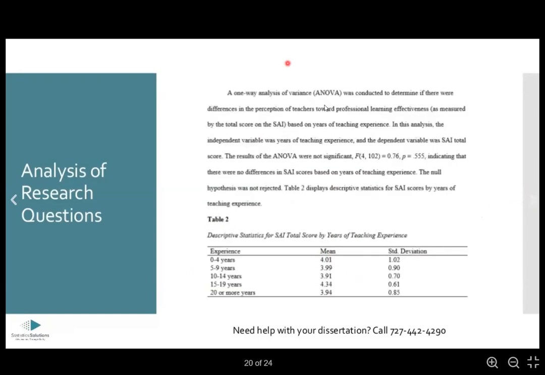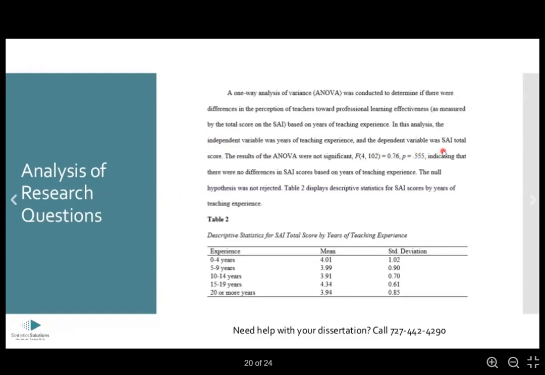This is an example of a one-way ANOVA. In the one-way ANOVA, we're looking at multiple groups. In this case, they were looking at the SAI score based on years of experience. So here, our independent variable was years of experience.